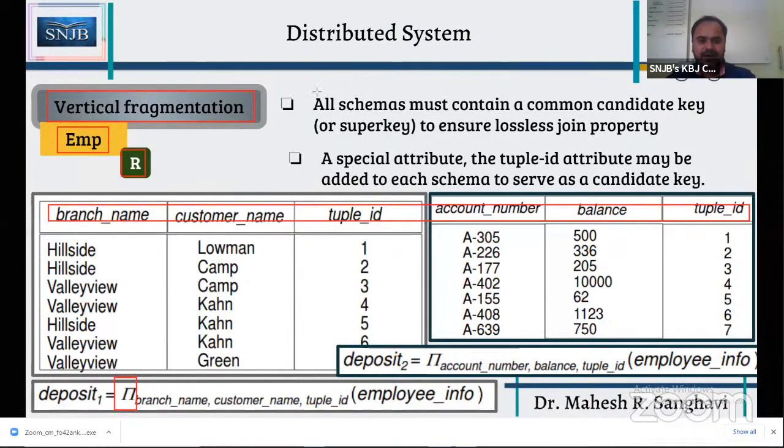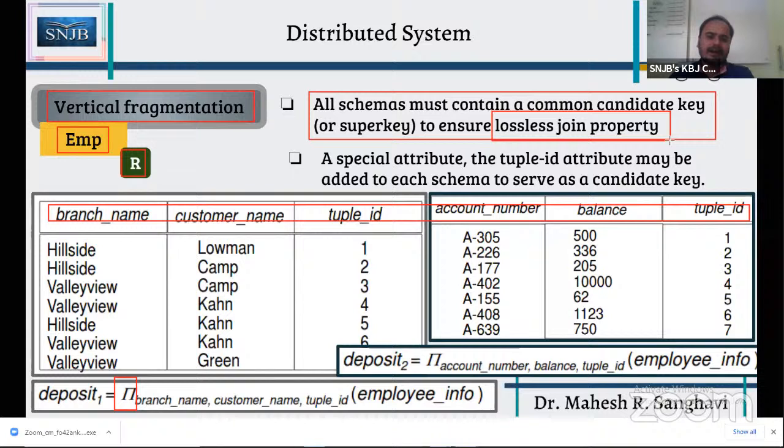All schemas must contain a common candidate key or super key to ensure the lossless join property. I hope you remember the lossless join property. So the decomposition will be a lossless join decomposition.